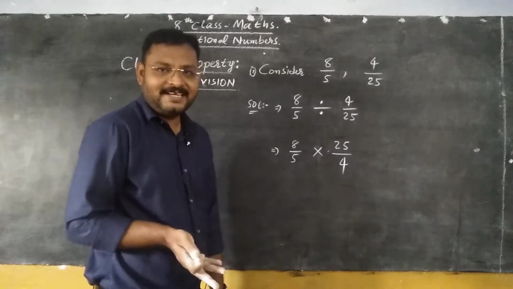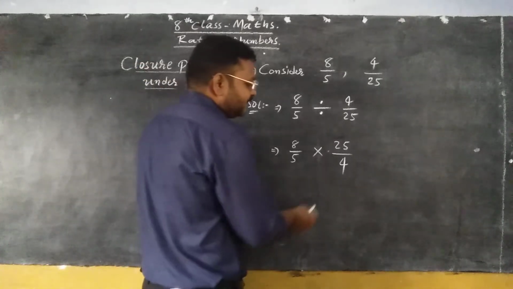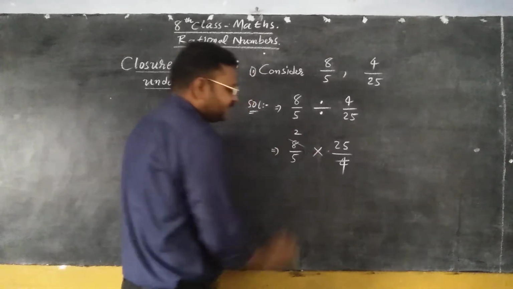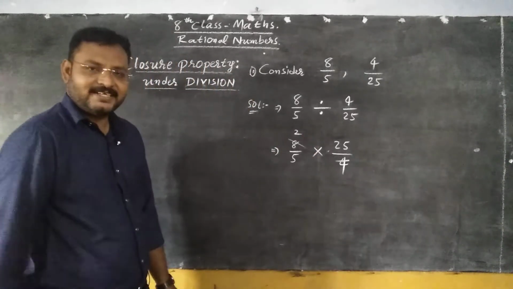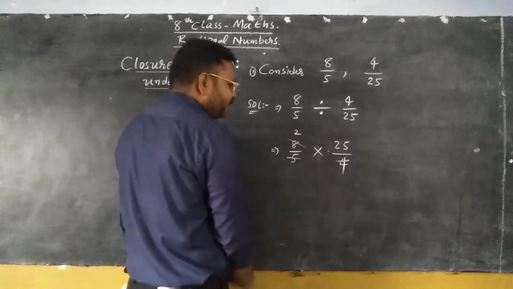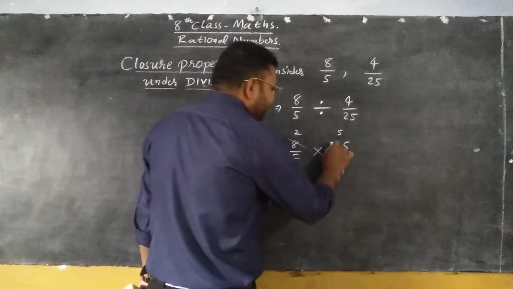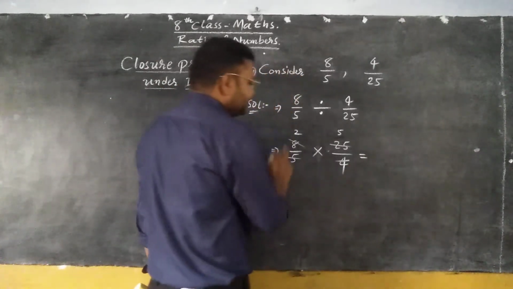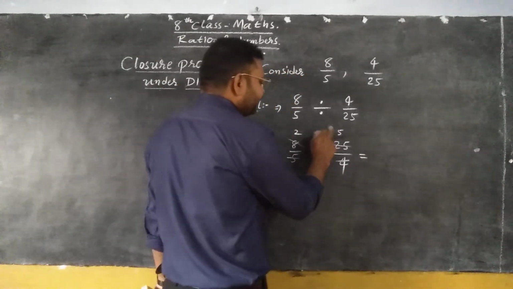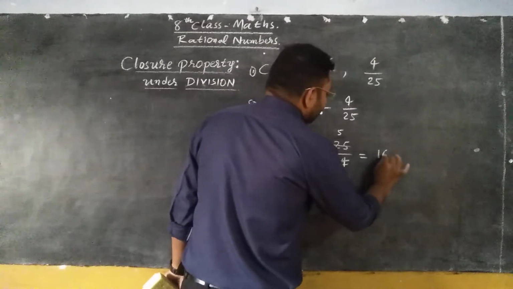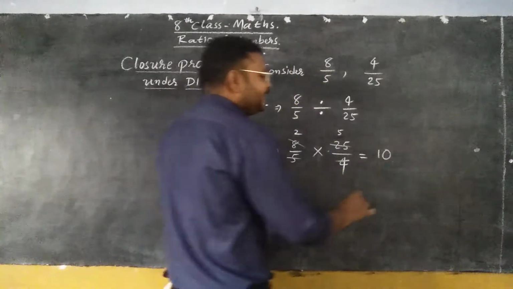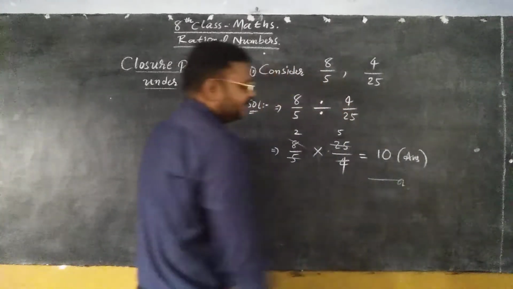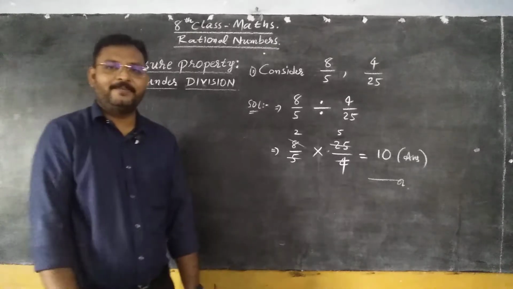Now any cancellations? 4 twos are 8, cancel. 5 fives are 25, cancel. Now the answer is 2 into 5. 2 fives are 10. 10 is also a rational number.